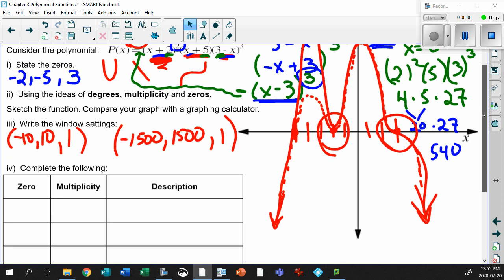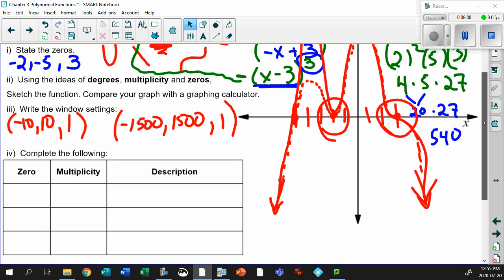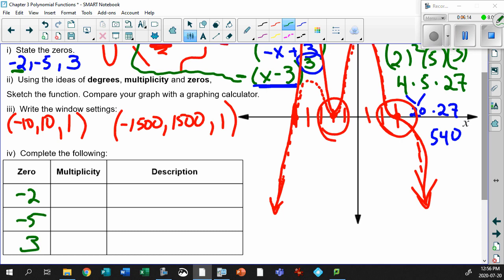Okay, let's talk about our multiplicities now. The zeros, minus 2, minus 5, and 3. Remember the multiplicities for them. Minus 5 only cut once. Minus 2 cut twice. And positive 3, sure enough, cut 3 times.